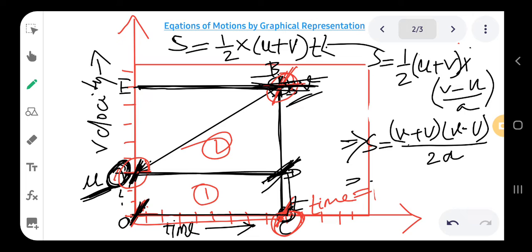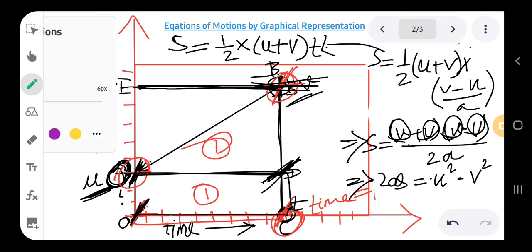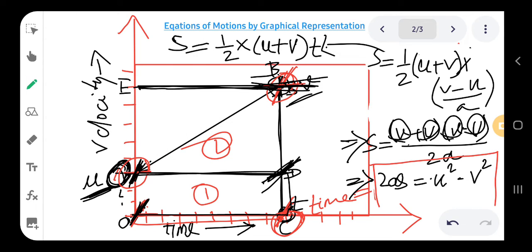Substituting, 2AS equals V plus U into V minus U. This is the identity A plus B into A minus B, that is A squared minus B squared, meaning V squared minus U squared. So we got the third equation proved.